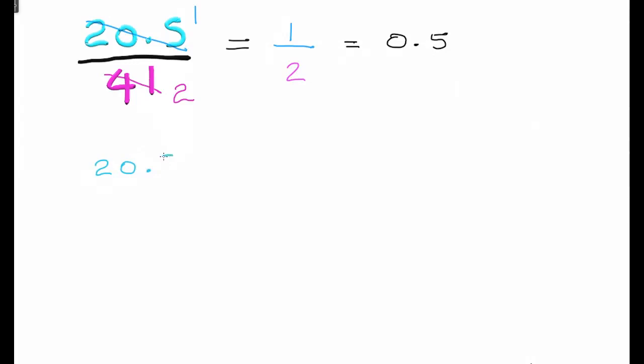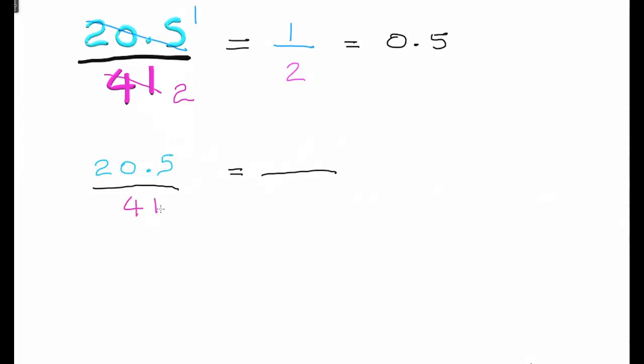If you did realize that 20.5 is half of 41, you can easily get the answer quickly. Or else, for those who did not realize 20.5 is half of 41, one option you've got is to get an equivalent fraction. 20.5 over 41 can also be written as what?